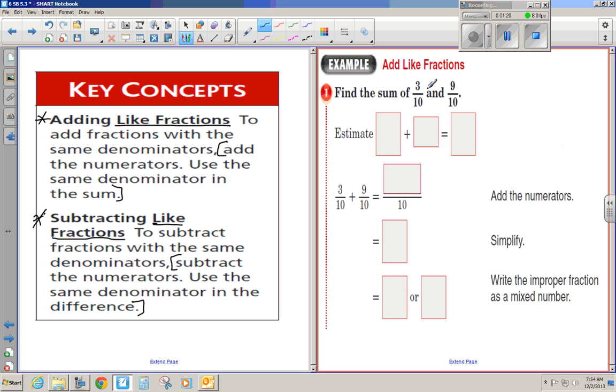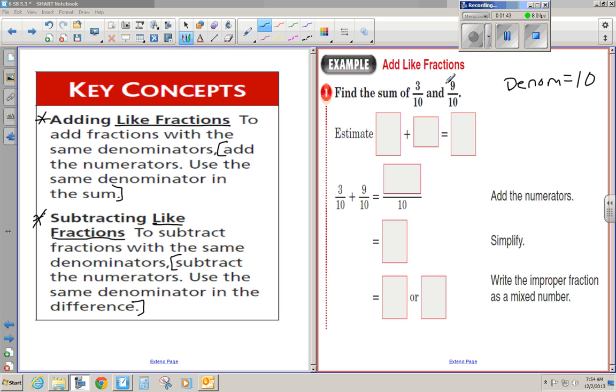So looking at this, here are like fractions. Denominator equals 10. So when you add these together, all right, and just like all of these fraction operations we've done in the past, you should estimate, like 9/10.